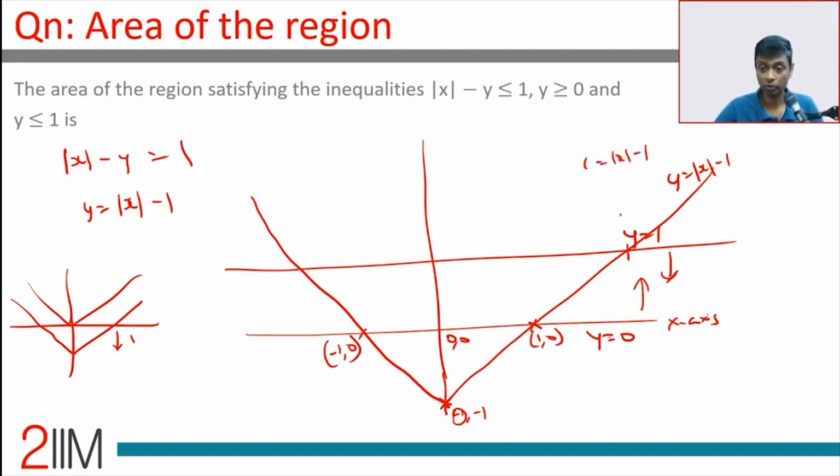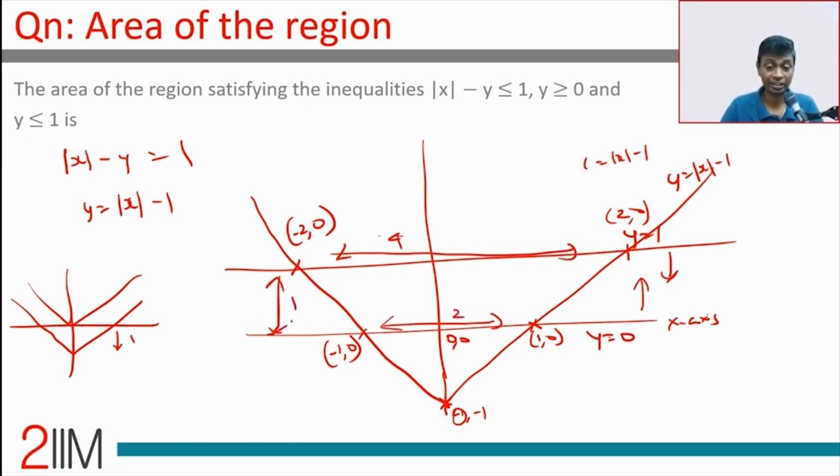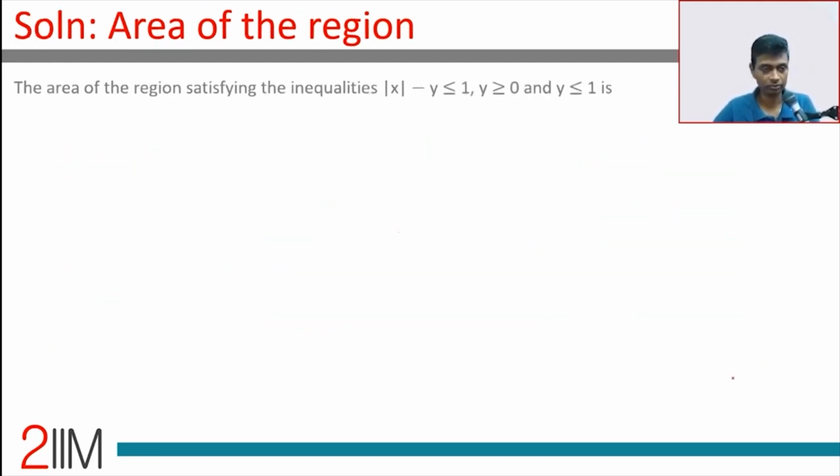Mod x should be 2, (2, 1), or (minus 2, 1). So this distance is 4. This distance is 2. We're talking about a trapezium of height 1 and parallel sides 4 and 2. Half into 4 plus 2 into 1. Half of 6, 3 square units.